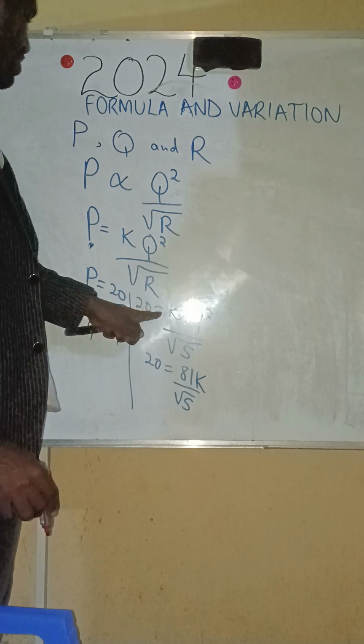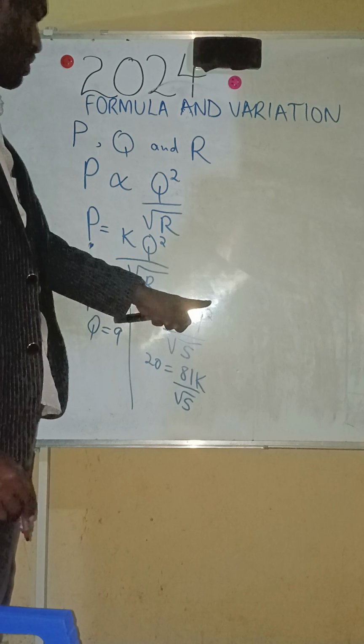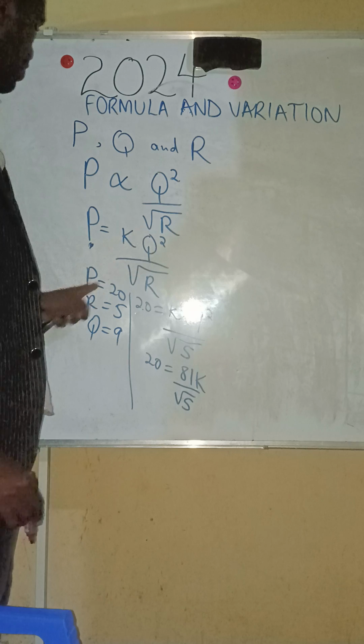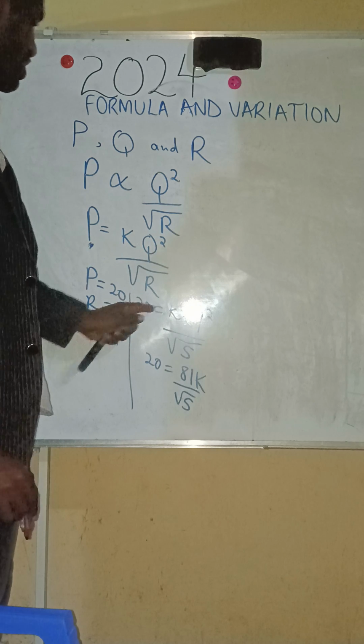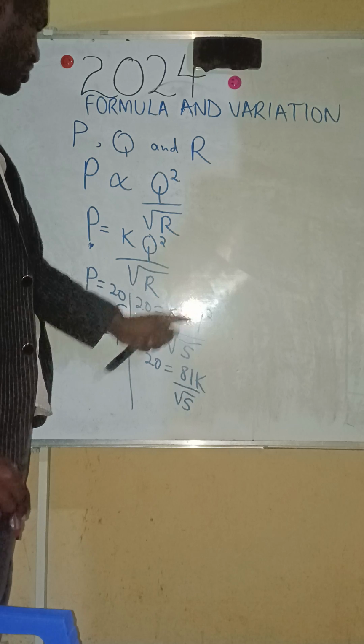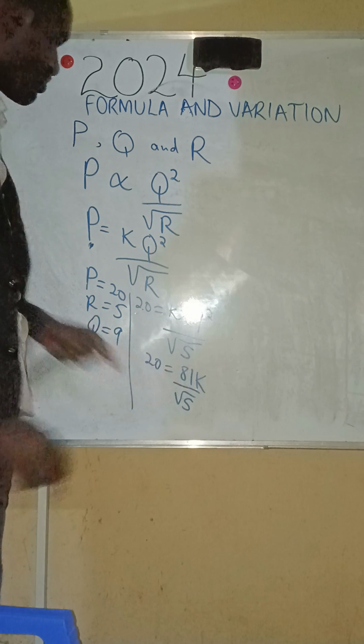So 20 is equal to K times 9 squared, because it was Q squared and our Q is 9. And 9 squared is 81. So it will be 81K over root 5.